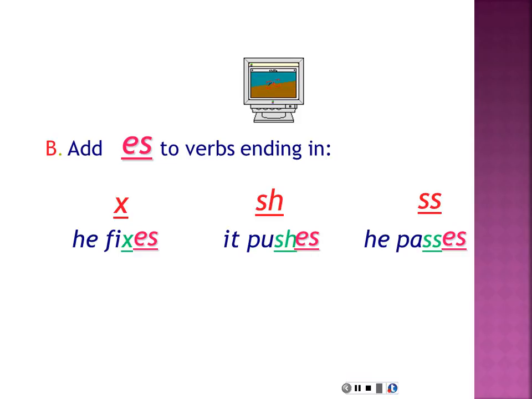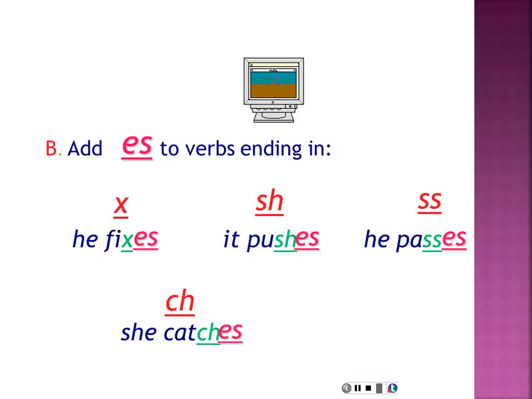So he passes. Maybe he passes a ball. He's playing football and he passes. We add also es. The next example, ch. She catches.